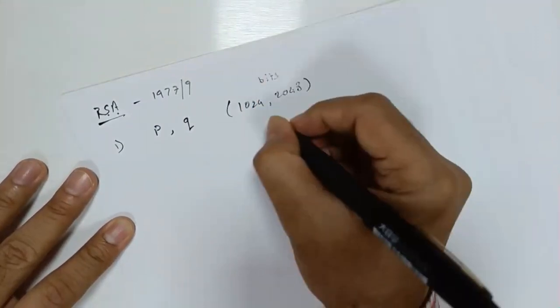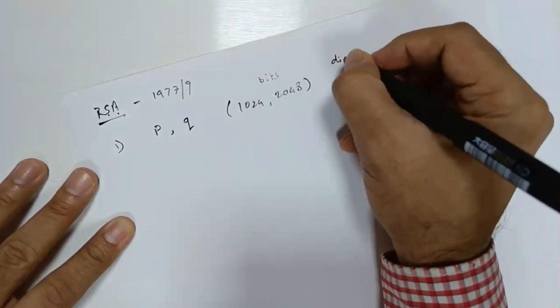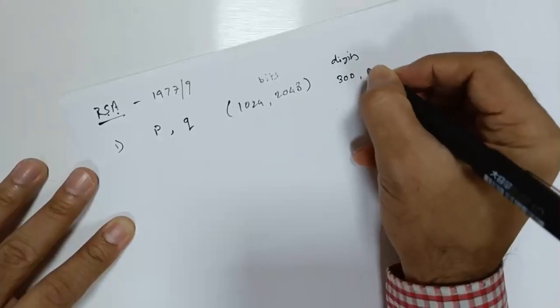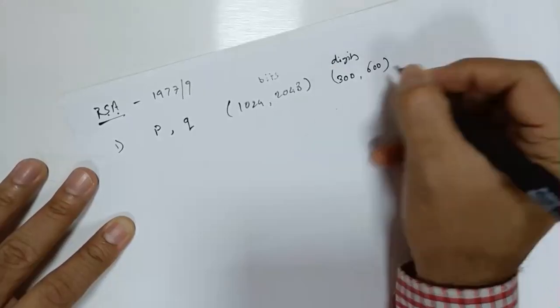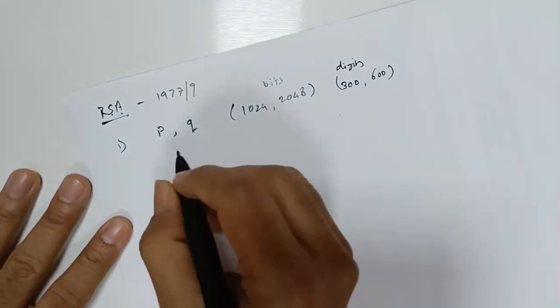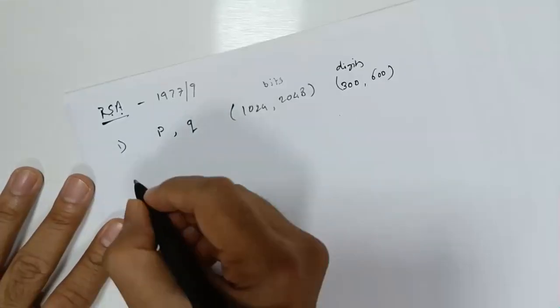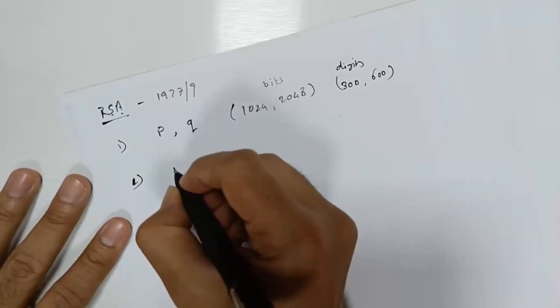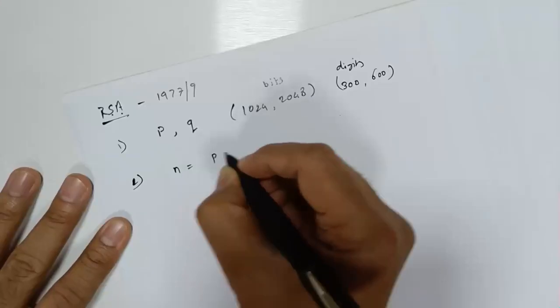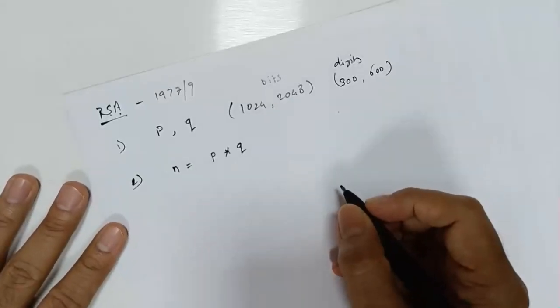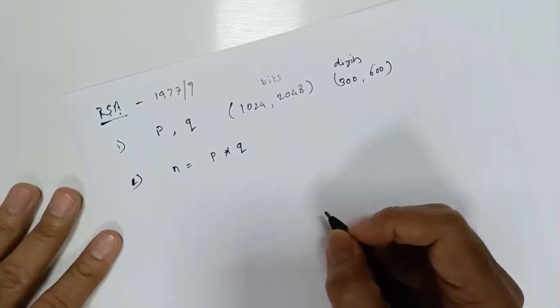If you want to talk about digits, then either 300 digits or 600 digits. So such large numbers you have to assume. Then the second step is to calculate the product. Very simple step. 2 steps are over.